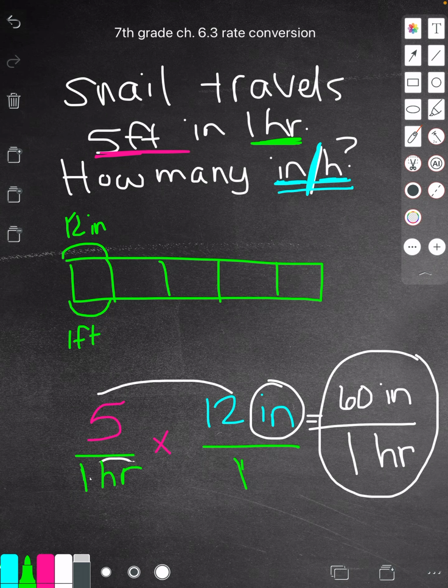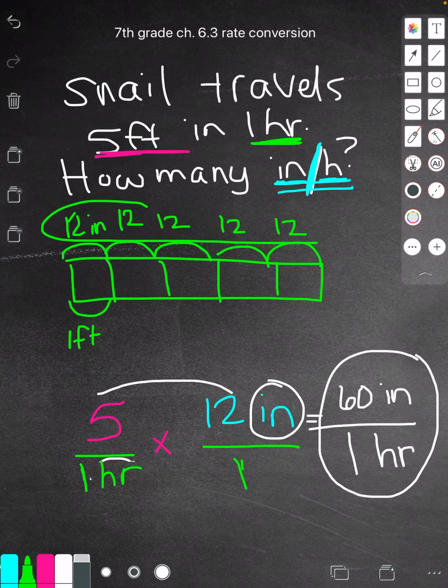They measure the same amount. If this foot is 12 inches, then this foot is 12 inches, then this foot is 12 inches, then this foot is 12 inches. In order to figure out how many inches he's gone in an hour, because this is an hour, we can add all of our 12s together or multiply by 12.